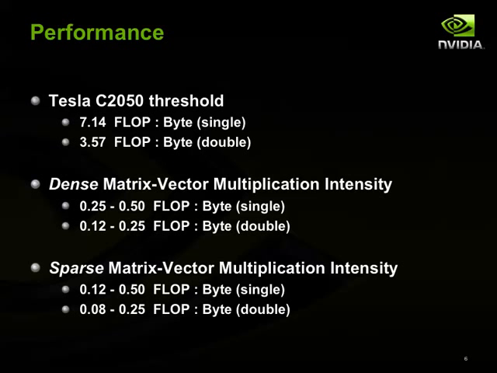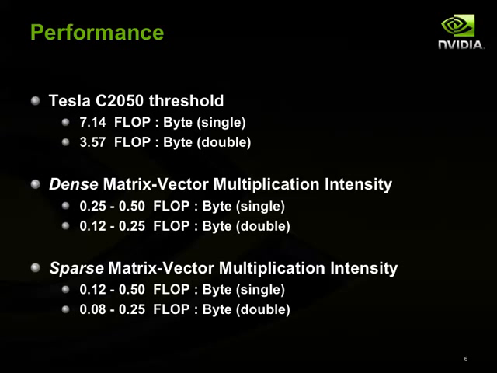If you say, I'm going to be clever, I'm going to use shared memory for the vector so I only have to read it once, and completely ignore its cost, that's how you get a number like 0.5. So this is the upper and lower bound. If you had effective caching or effective use of the shared memory, you could be towards the upper end. If you're unlucky, you could be towards the lower end. That's what it is for dense matrix vector multiplication.